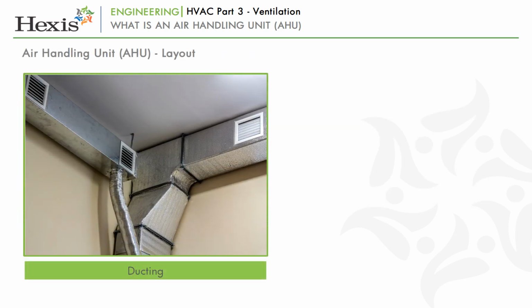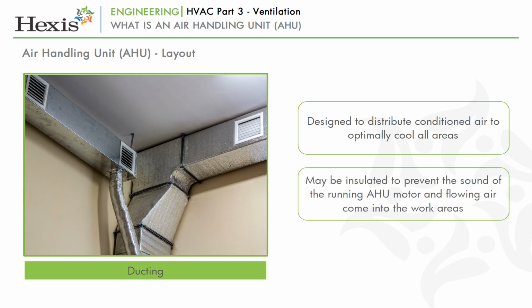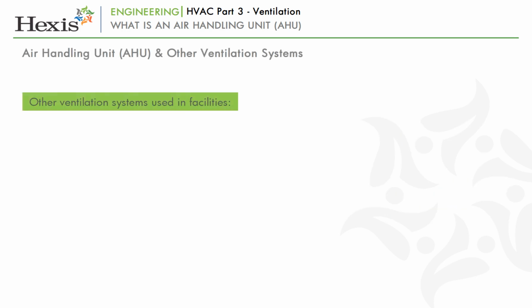The layout of the ducting is designed in a manner so as to distribute conditioned air to optimally cool all areas. The ducting may also be insulated to prevent the sound of the running AHU motor and flowing air from coming into the work areas. There are other ventilation systems which may be used in the facility in addition to AHU.